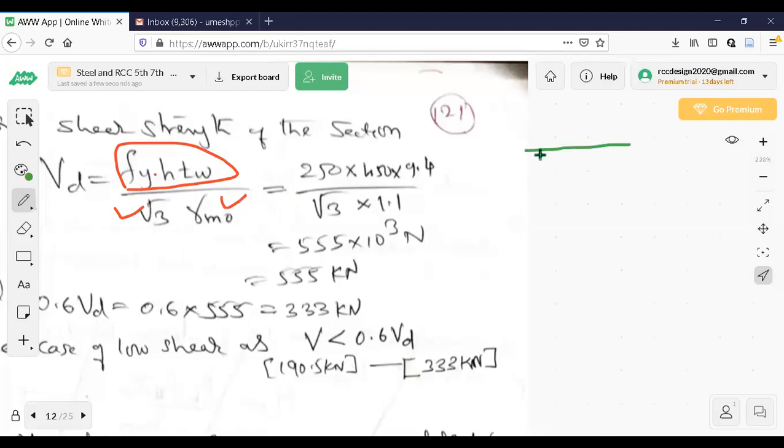Observe. You observe this figure. Which area of the cross section is resisting shear? That is the question. Just observe this. The area which is resisting the shear is this part. Just observe this.